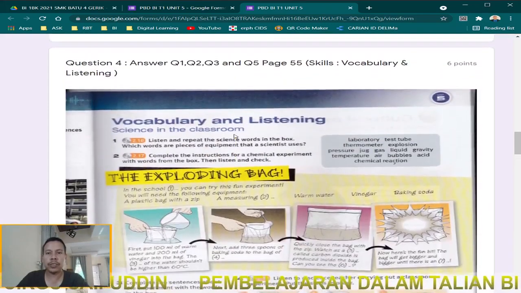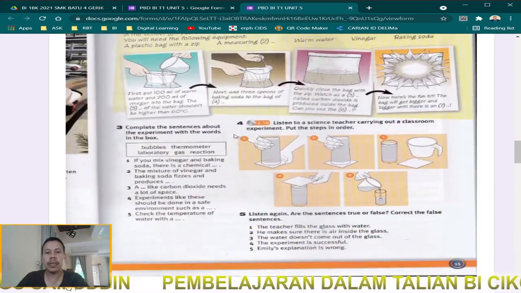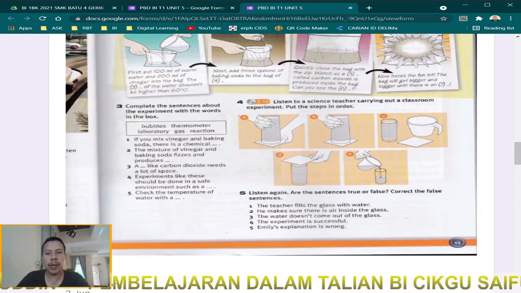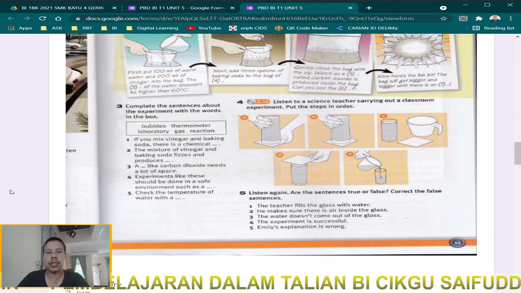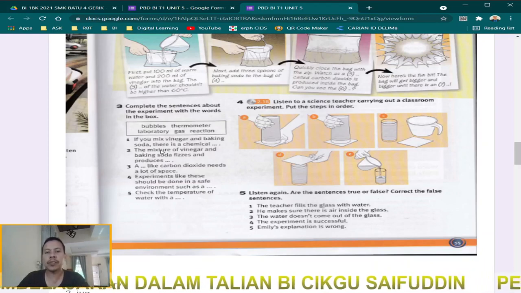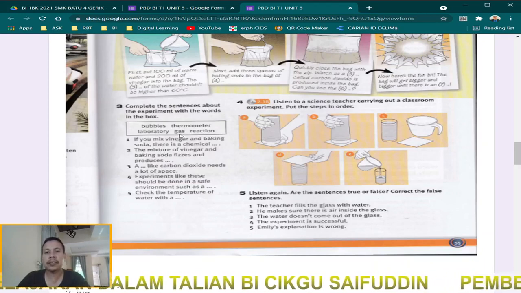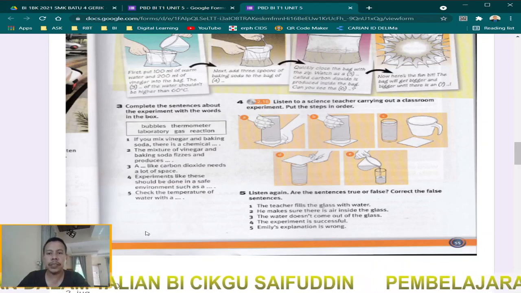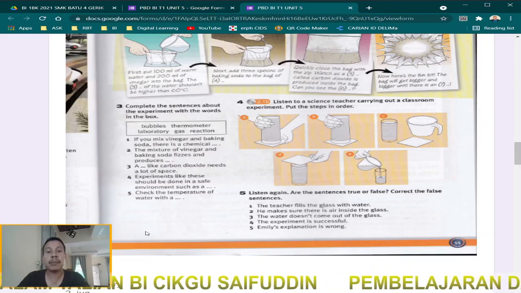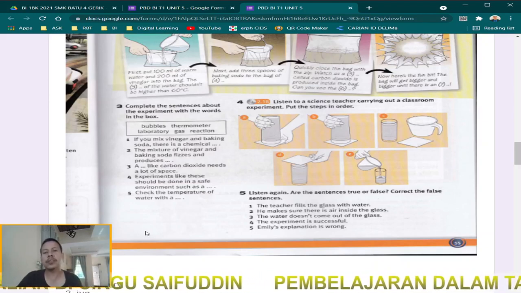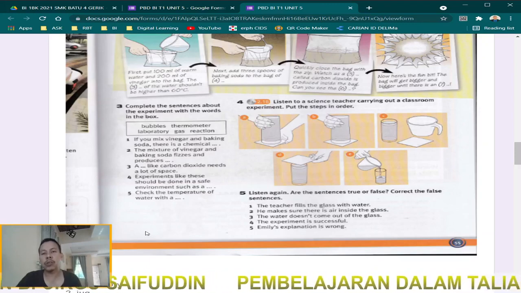Okay, let's look at question 3. Complete the sentences about the experiment with the words in the box. Okay, lengkapkan ayat-ayat ini dengan perkataan-perkataan yang ada dalam kotak ini. Bubbles, thermometer, laboratory, gas, reaction. Number 1. If you mix vinegar and baking soda, there is a chemical. Okay, to get the answer, you have to listen back to the audio.